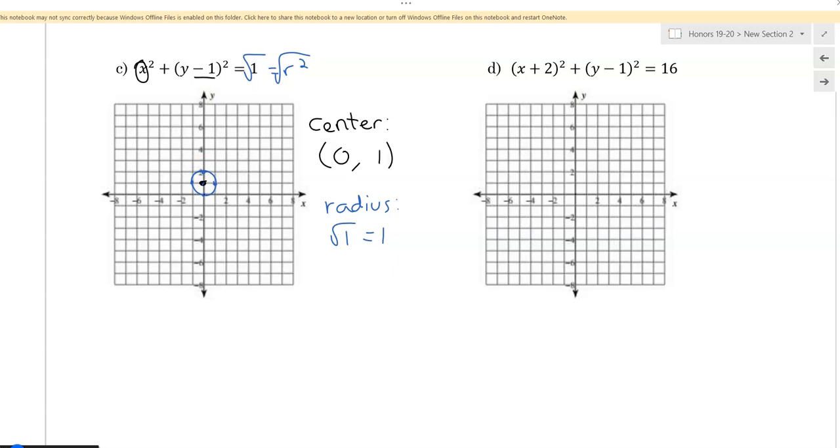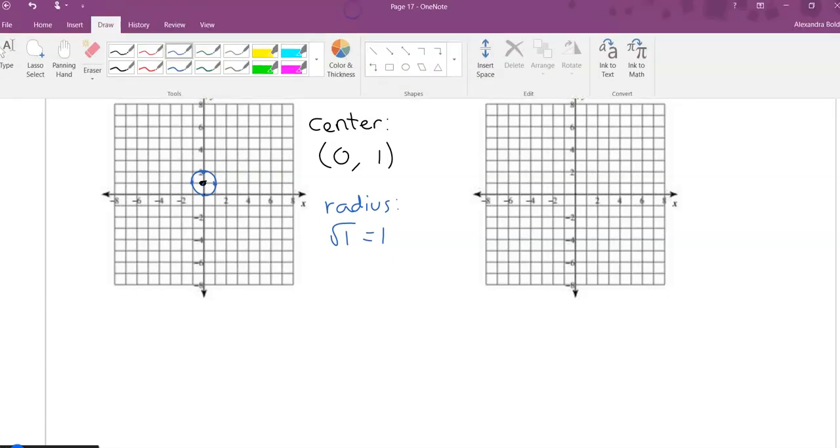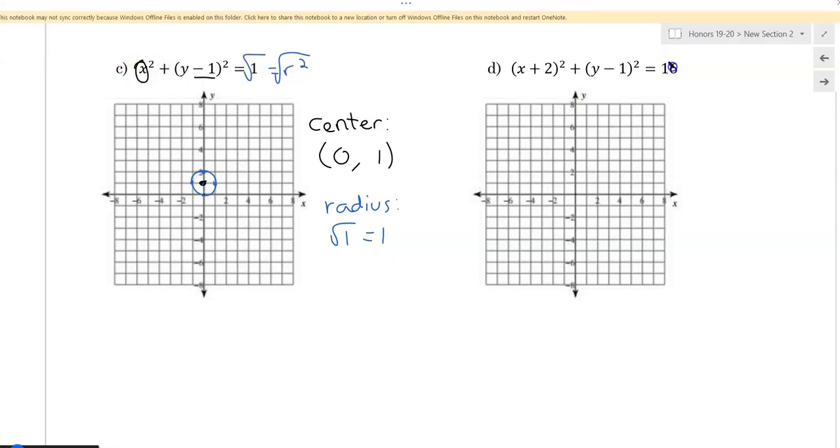All right, our last problem, I'm going to change it just so we see an example of this. All right, let's make this like 20. Let's make it not a nice number. So our center is at -2, 1. 20 is r squared.